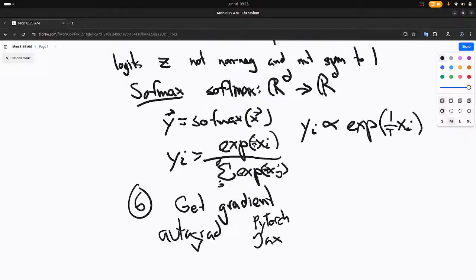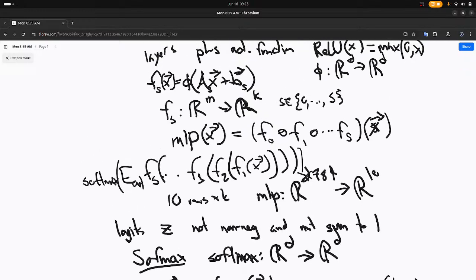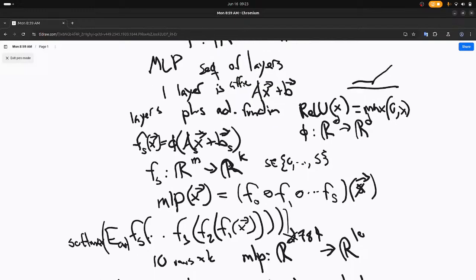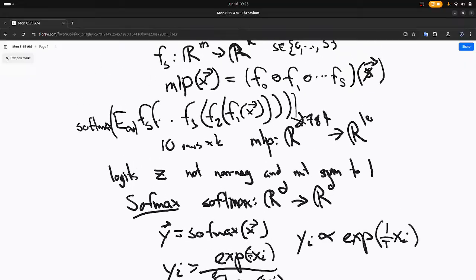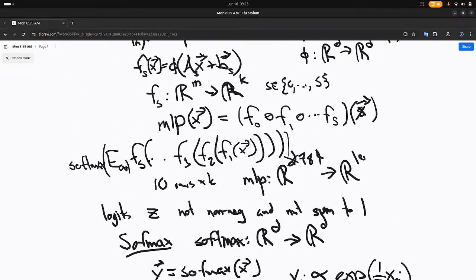And it's a bit unintuitive, because usually we want a derivative with respect to the input. But in this case, we have all these matrices, A and B, and we also have the E out here.